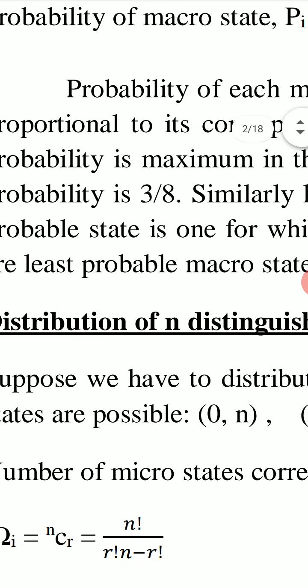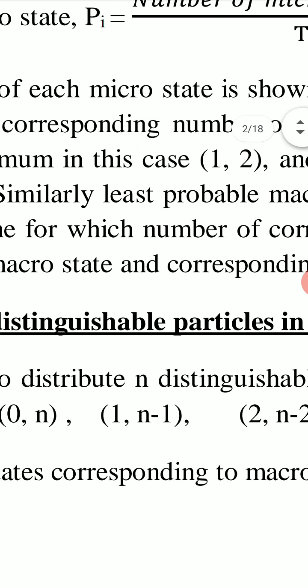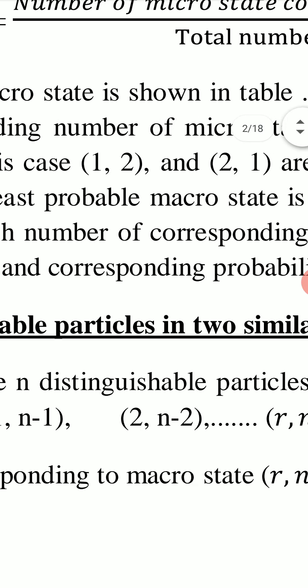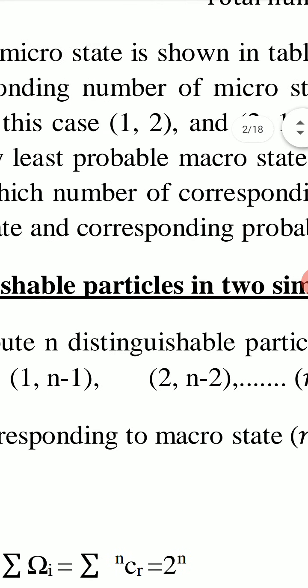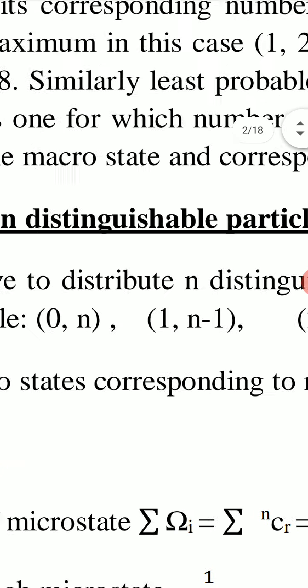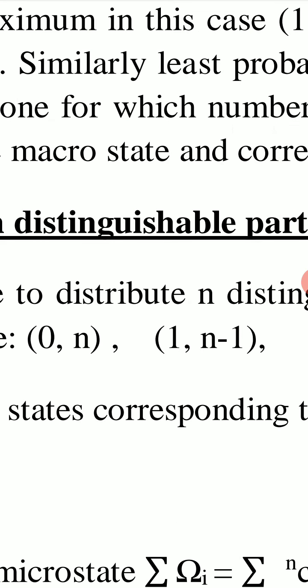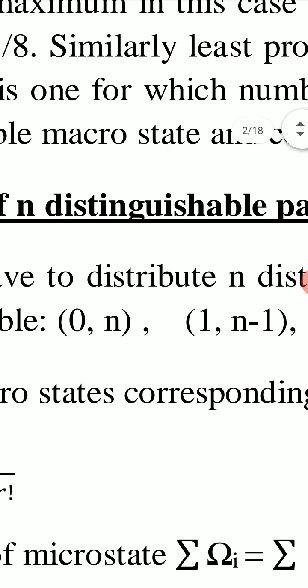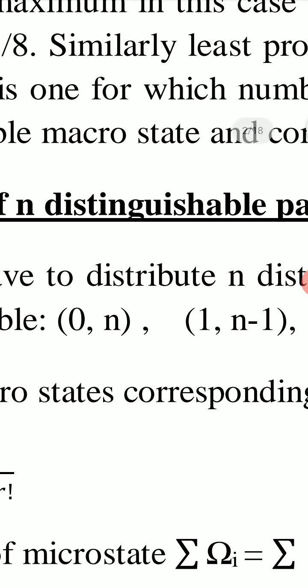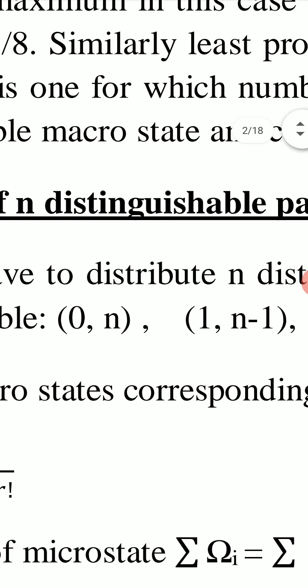Now if we have n distinguishable particles and we want to distribute them in 2 similar boxes, then the number of macrostates will be n plus 1. The first macrostate is 0 n. In the first box we have 0 particles, and in the second box we have all these n particles.